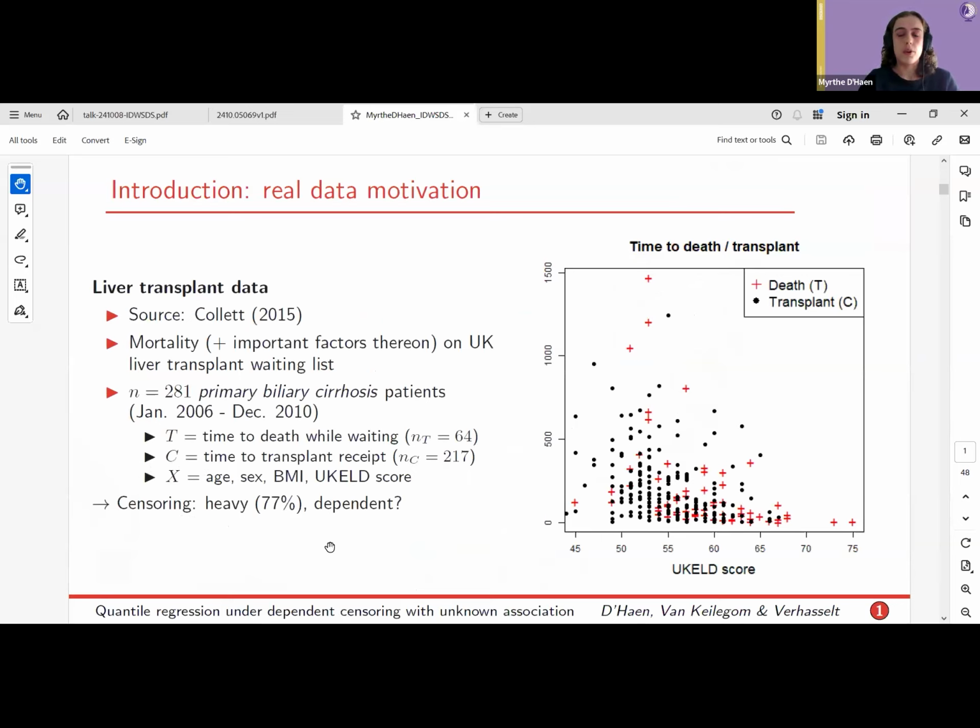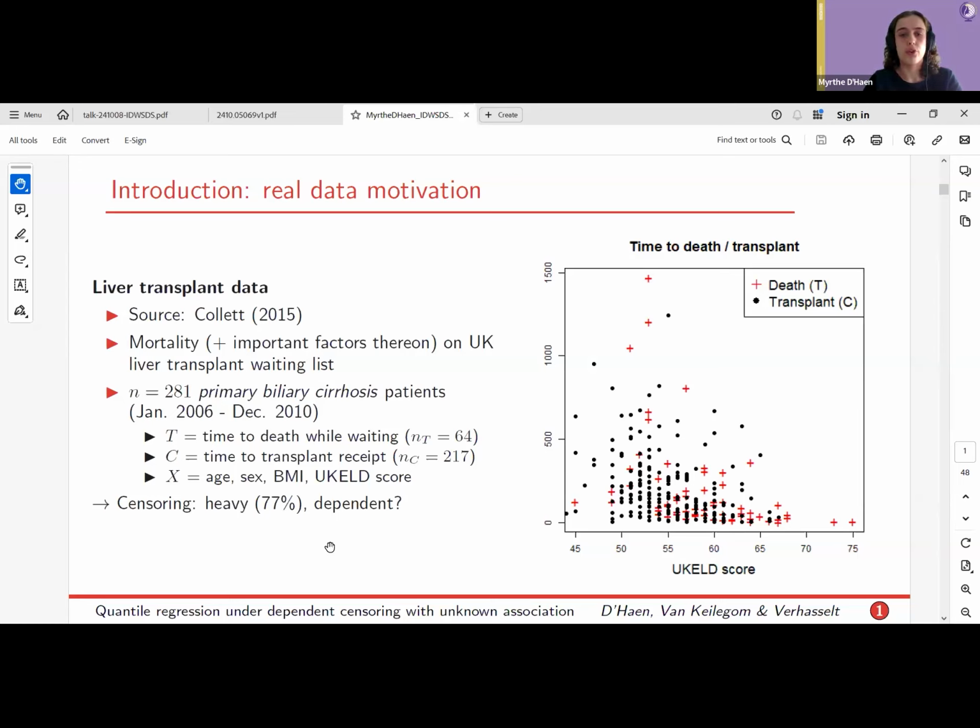So the data that we will consider has been analyzed before in the context of dependent censoring, and it's about liver transplants. More specifically, it originated in a study on the mortality of people on a waiting list for liver transplants in the United Kingdom. The data set consists of about 280 patients of a specific liver disease that were registered for receiving such a transplant.